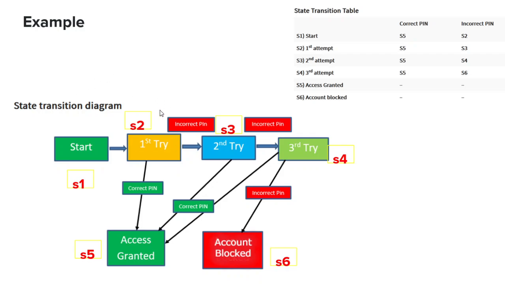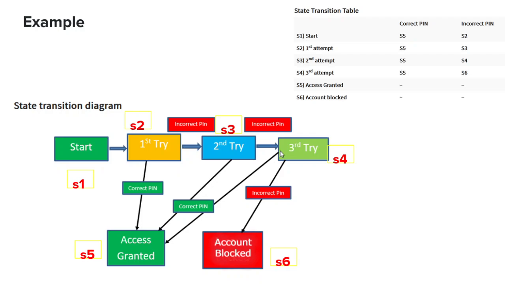If he enters incorrect credentials in the first attempt, then we should allow a second try. And even if in the second try the user enters an incorrect password, then we should block that account. Now these are the scenarios.